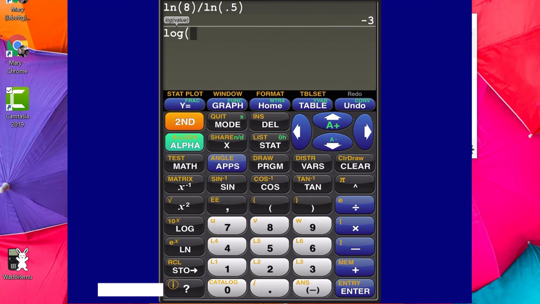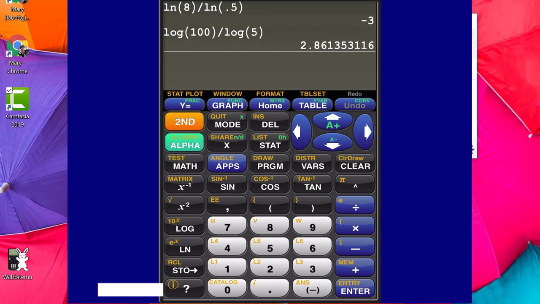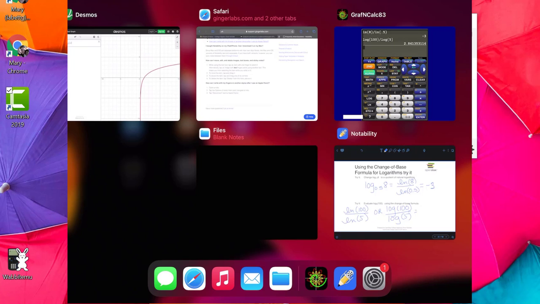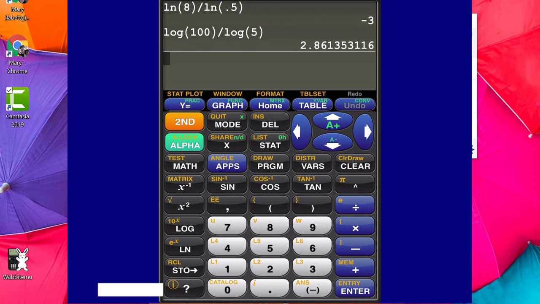So I'll just show you log 100 divided, make sure you close your parentheses, divided by log 5. You get 2.86. What did they say, round to anything? They didn't say. So I'll just round to 2 decimal places, 2.86. Or I could do ln 100 divided by ln 5. You get the same answer, 2.86.